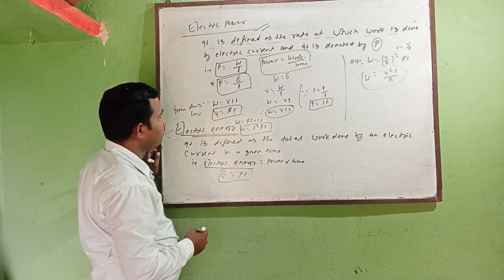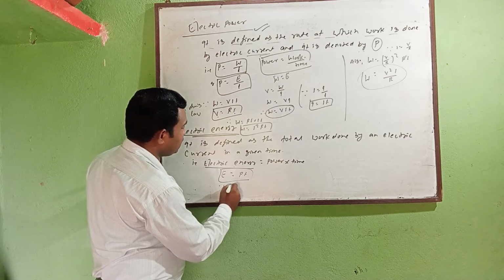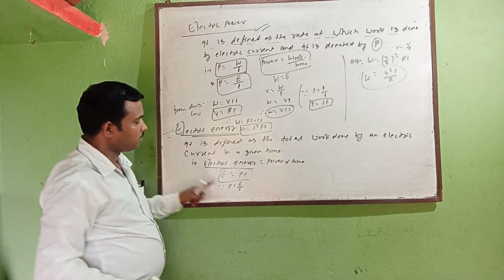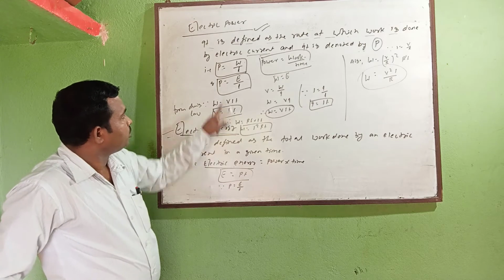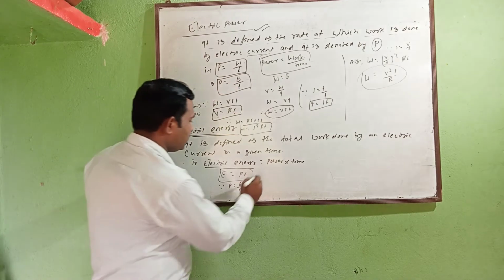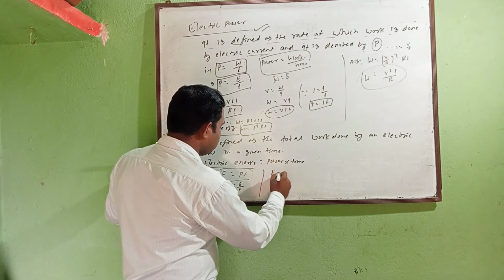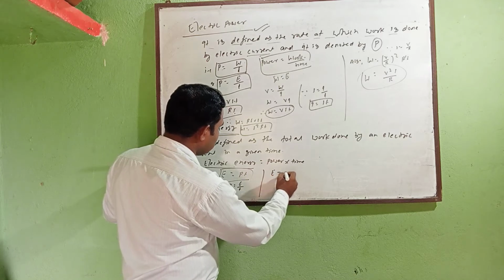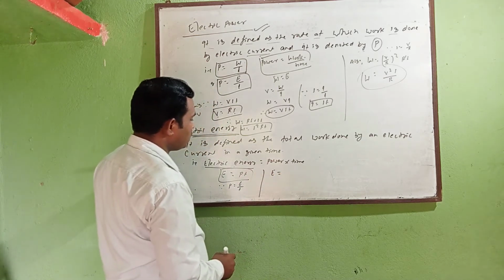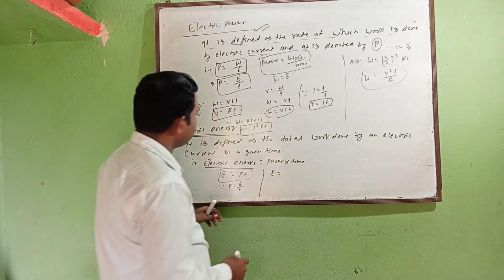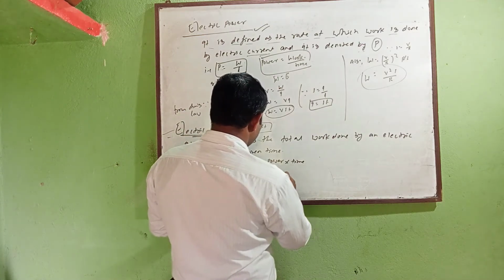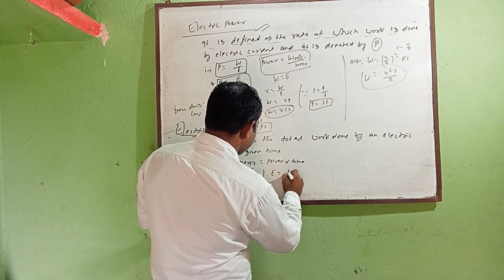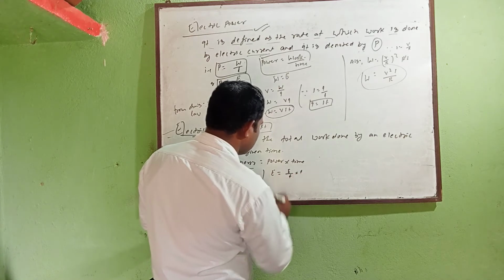If you substitute P equal to E by T, then E equal to E by T into T, so all will cancel out, no?